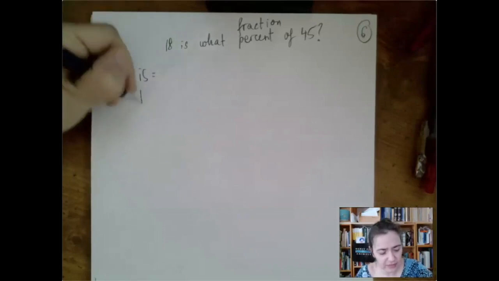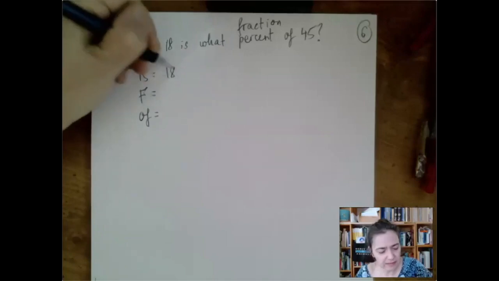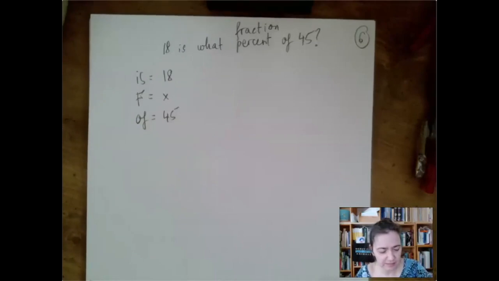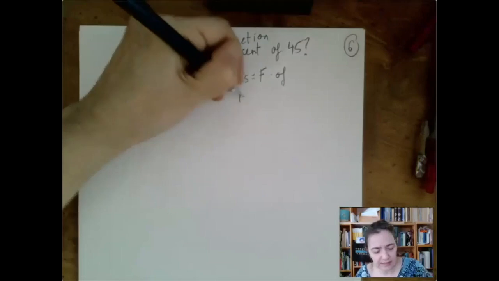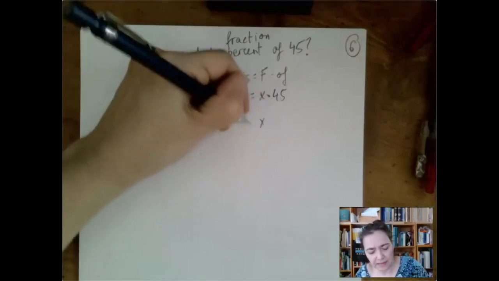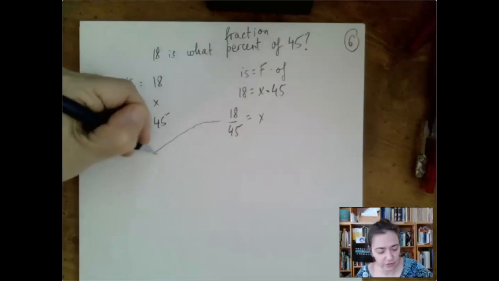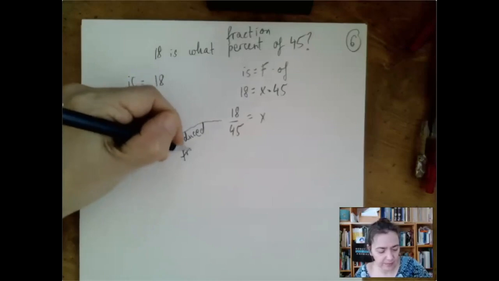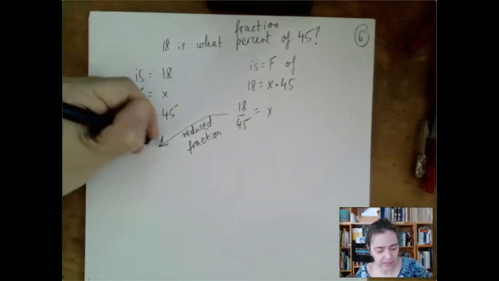So "is" equals fraction times "of", and again, 18 is the "is", 45 is the "of", and what fraction, what percent are asked. So 18 is x times 45, and now x is 18 over 45, and we are asked for both forms. As a simplified fraction, 9 we can get rid of, upstairs and downstairs, right?